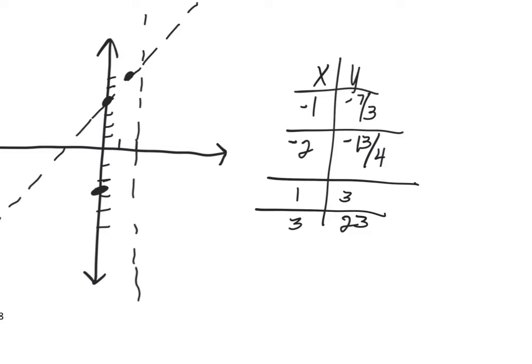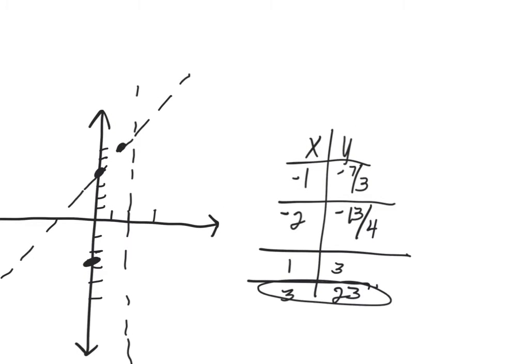So what I'm doing from here, since I plotted my x-intercept and my asymptotes, I'm just doing an XY table, and it doesn't look like I plugged in 3, right? So it doesn't look like I'm going to have enough room to plot the point with the y value of 23. So this whole area of the graph is going to be pretty much blank.